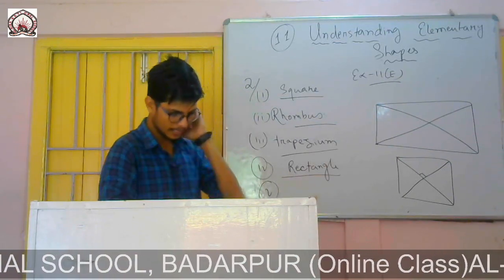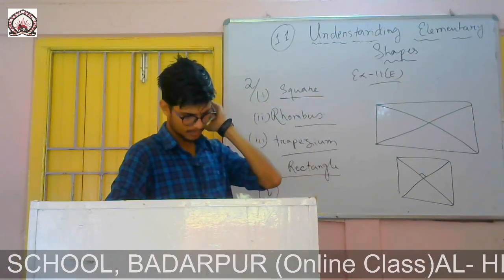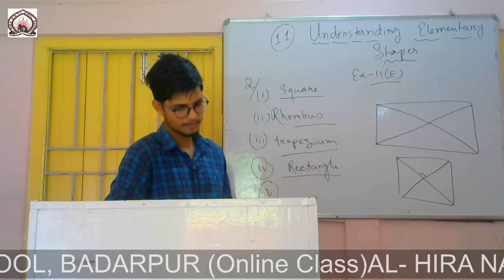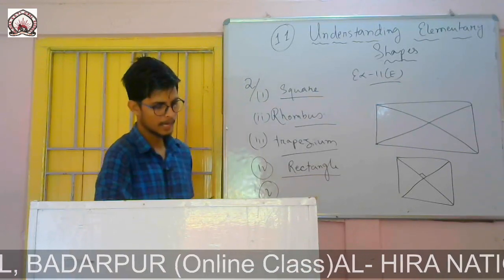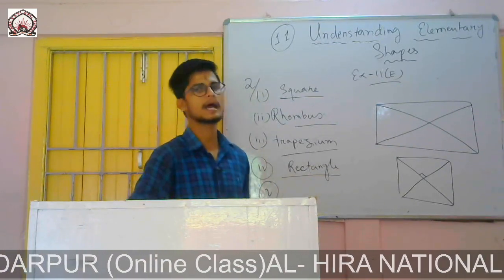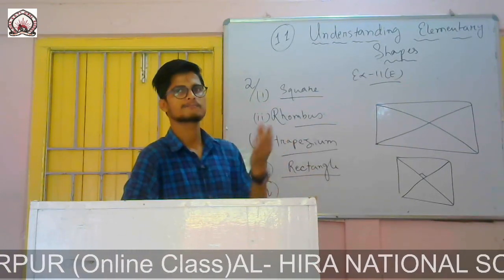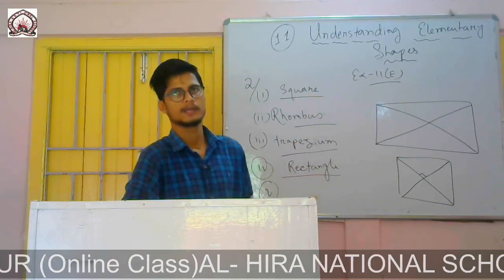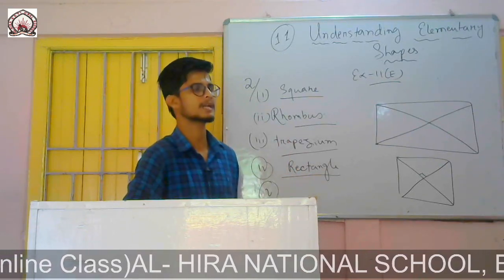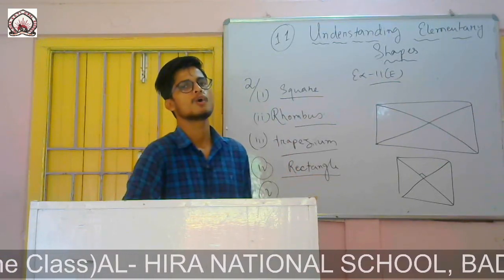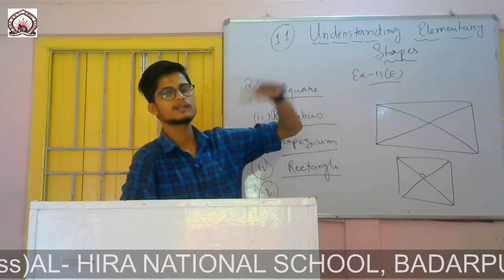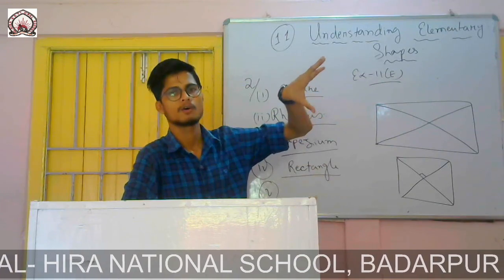Now Roman number 5, all rectangles, squares and rhombuses are dash, but a trapezium is not. Rectangle, square and rhombus are special types of parallelogram, but a trapezium is not a parallelogram, because it does not have two pairs of parallel lines.